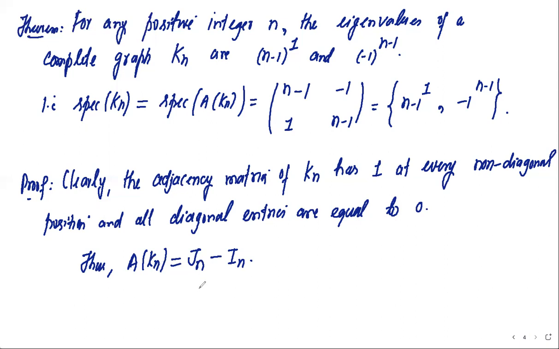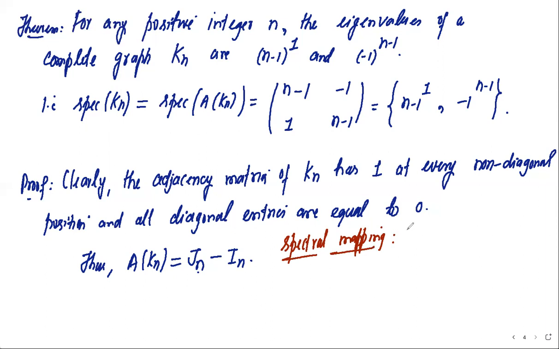Now here, in order to evaluate the eigenvalues, we will use the eigenvalues of Jn, and also we will use the spectral mapping theorem. Let's write the statement of the spectral mapping theorem here. Spectral mapping: it maps the spectra of a matrix to something else.